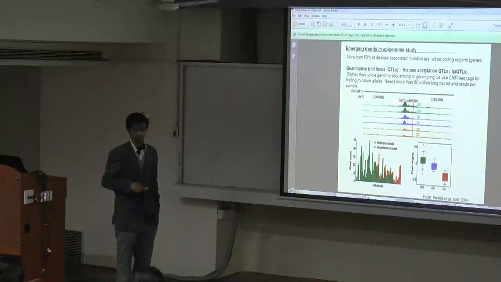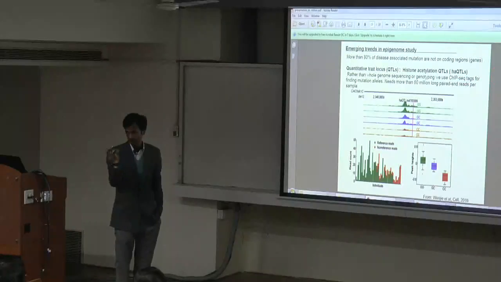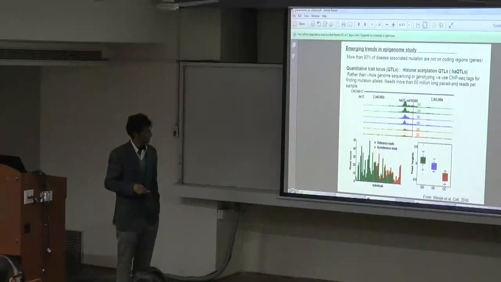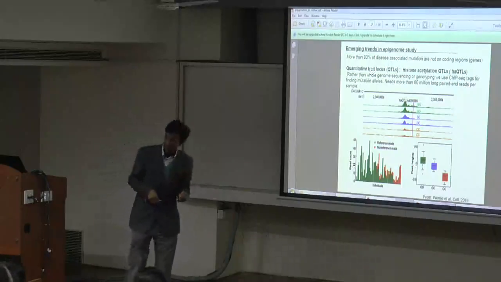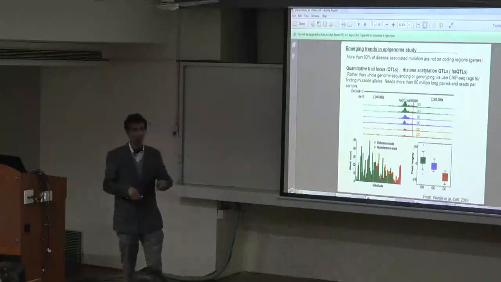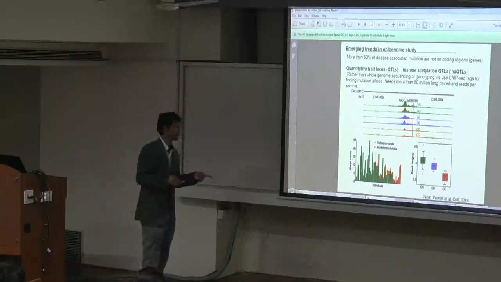So to overcome that problem, since we have done the ChIP-seq, we have the tag counts, the small DNA fragments from different regions. We use those DNA fragments to find the mutations. So we use the ChIP-seq signal to find the mutations, as well as to study the regulation. And then we correlate those mutations, the alleles, with the signal.